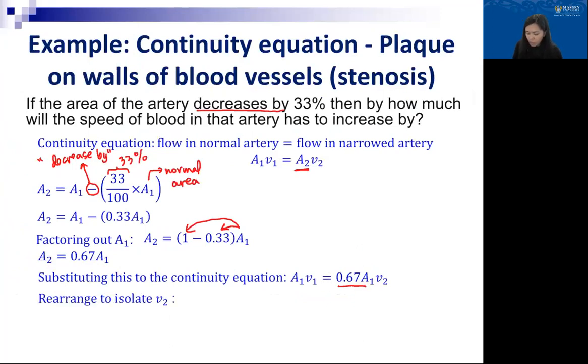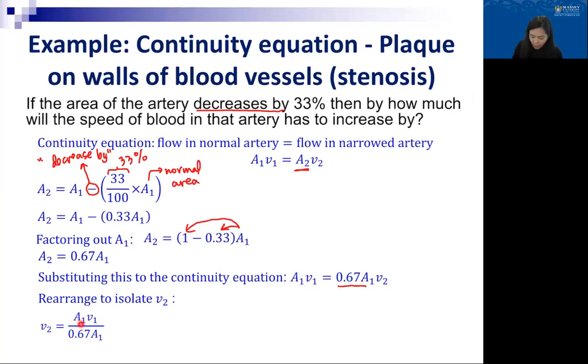Right, and then we can rearrange this equation to isolate V2 by dividing both sides by 0.67 multiplied with A1. Okay, V2 is therefore A1 times V1, the left-hand side, divided by 0.67 times A1.